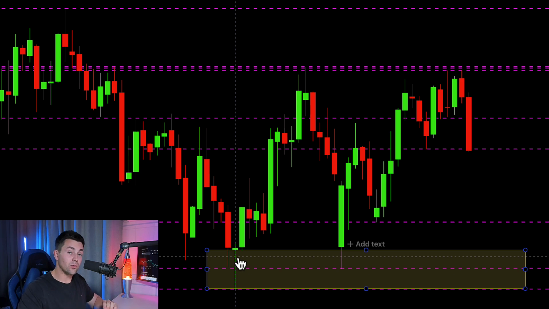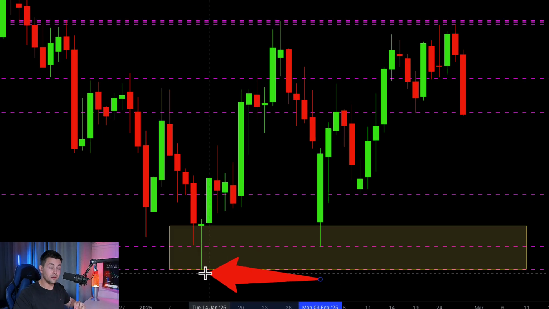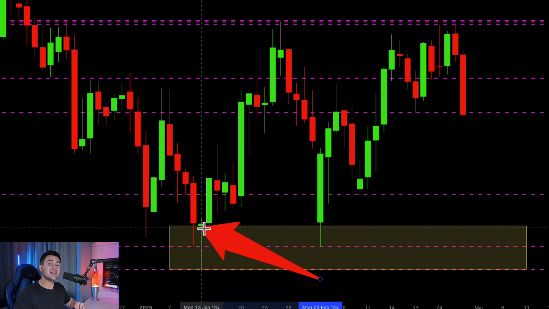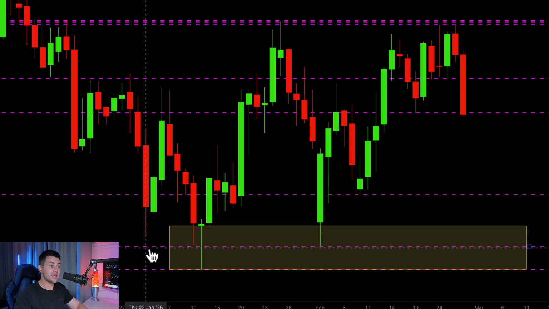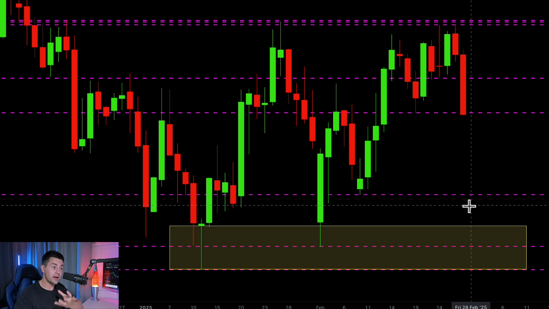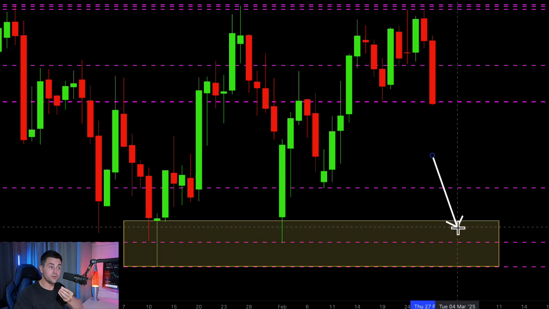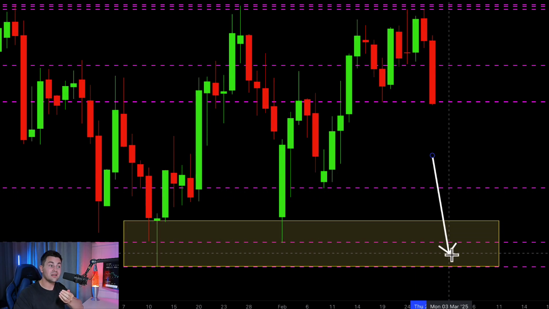When I draw the support zone, I take the low and the lowest candle close. That is how I draw the support zone, and with that I will expect that buying orders will be placed within that entire area.